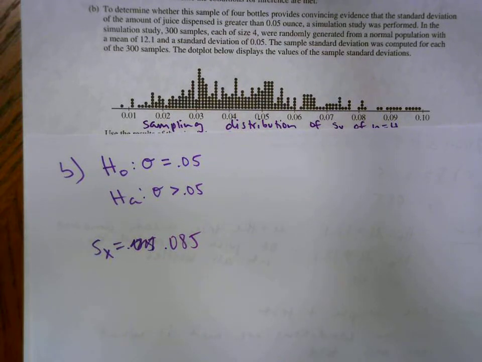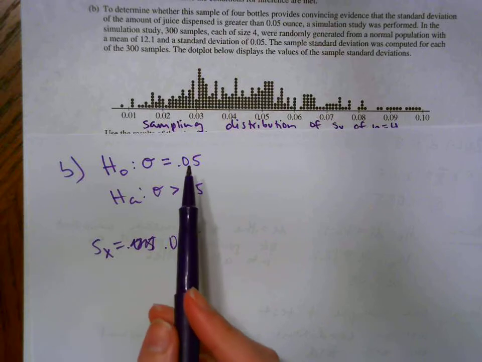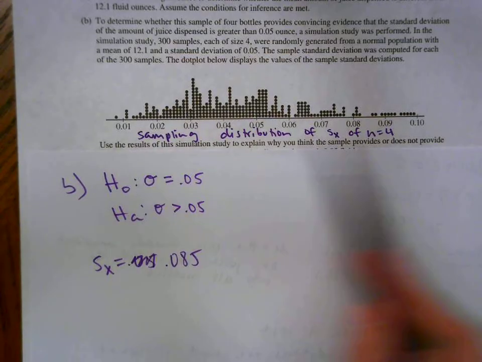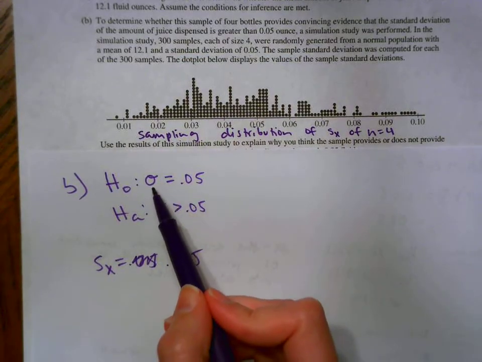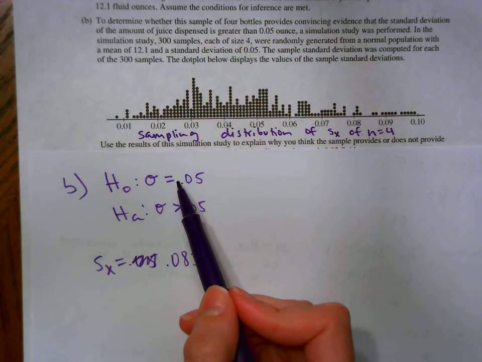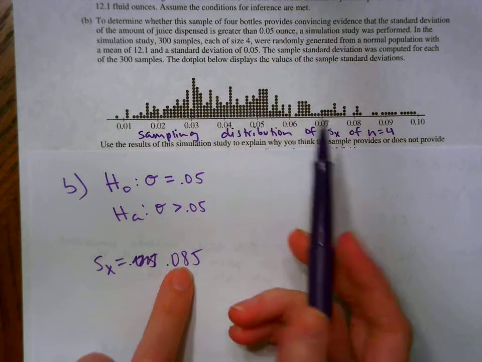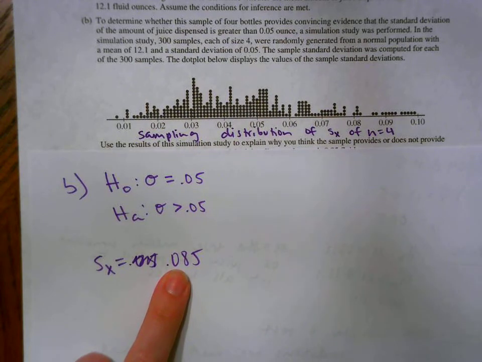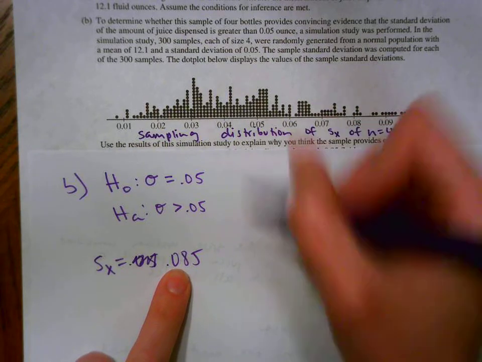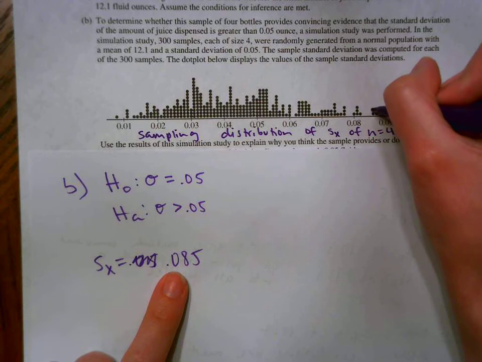So we want to ask ourselves, what's the probability of getting this sample result if the true standard deviation is 0.05? They made this sampling distribution assuming a population where the standard deviation is 0.05. So on this sampling distribution, what's the probability of getting this standard deviation? 0.085 would be about right here.